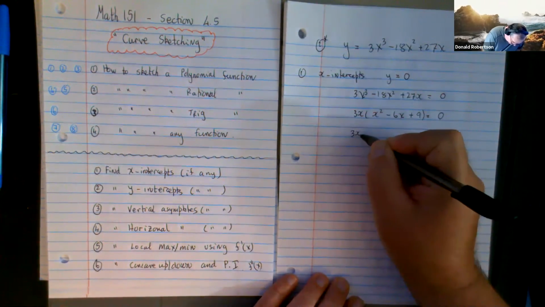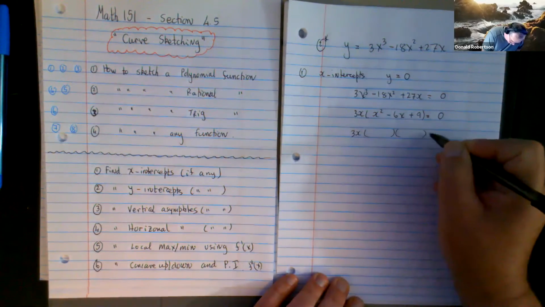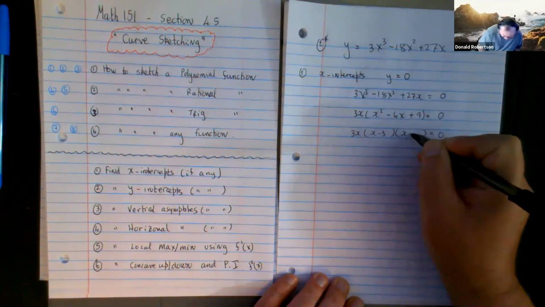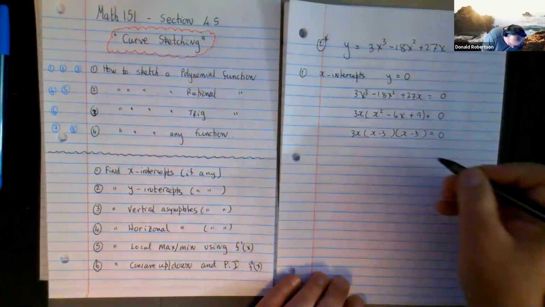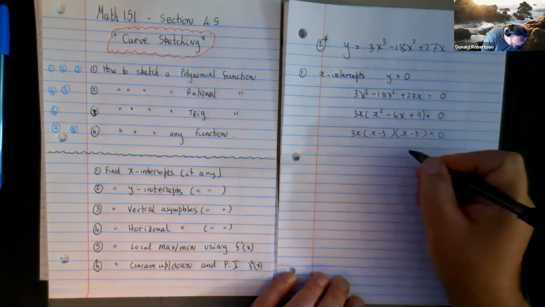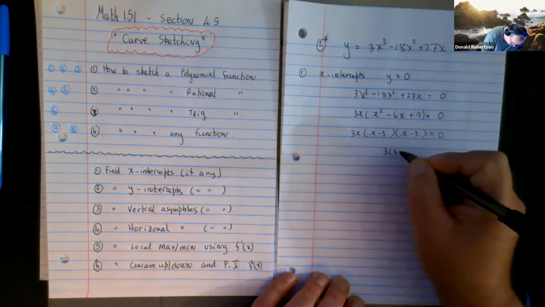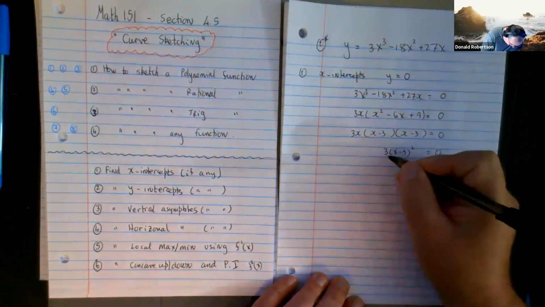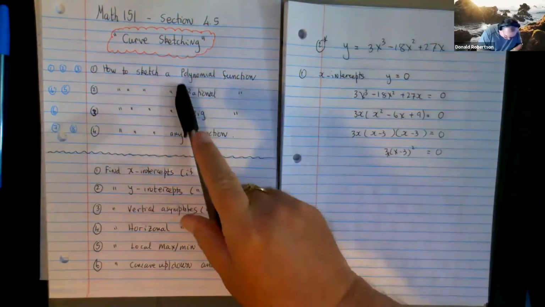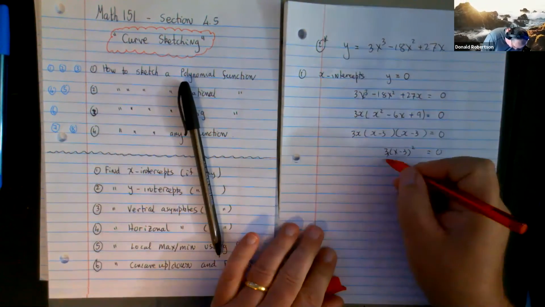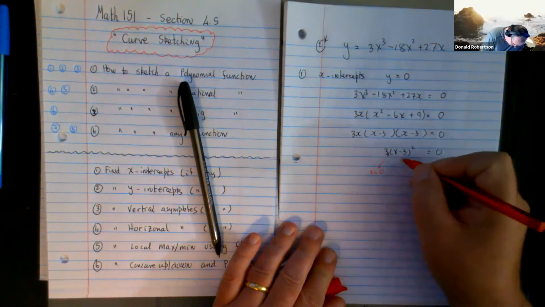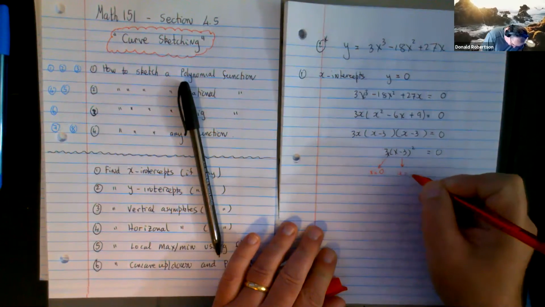In this particular case, I am left with a quadratic, which I can factor. Which means that I have 2 x-intercepts: an x-intercept at 0 and an x-intercept at 3.